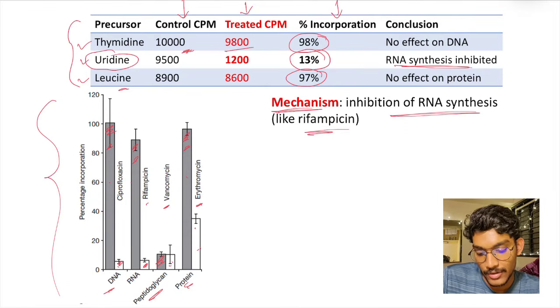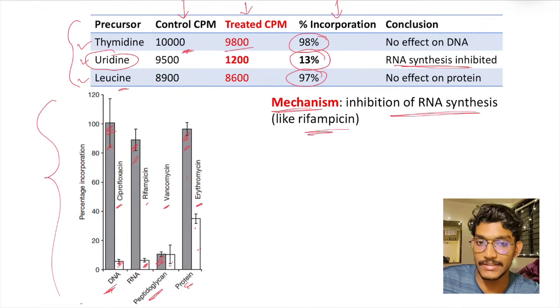So for DNA, you can see for ciprofloxacin, which inhibits DNA replication, the amount of incorporated DNA is substantially decreased. But for the unknown drug, the DNA incorporation has not reduced. For RNA, the amount of RNA incorporation is decreased in the case of rifamycin because it inhibits RNA synthesis.